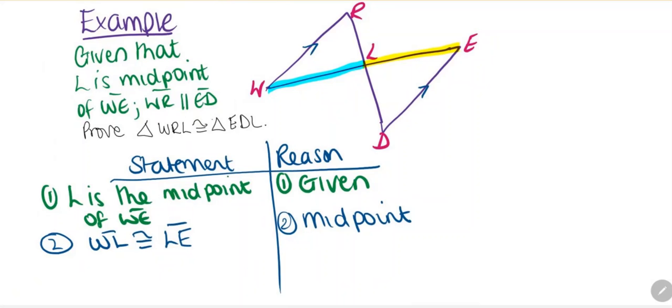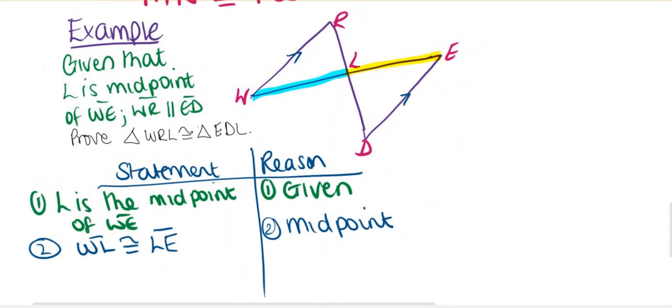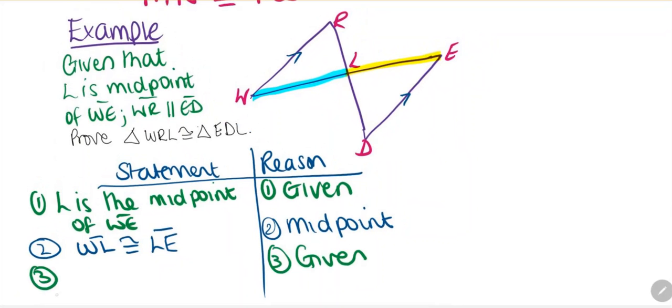So we were also given, number three, that RW is parallel to ED. So we were also told that this line is parallel to this line.